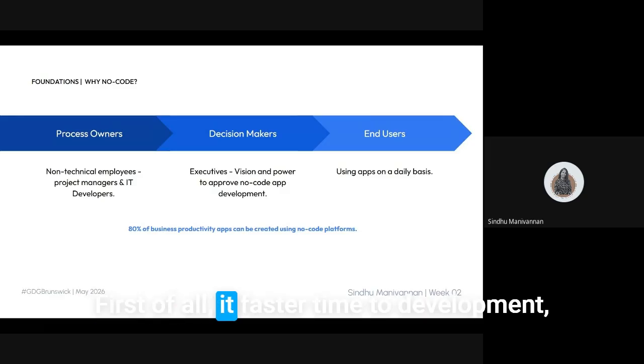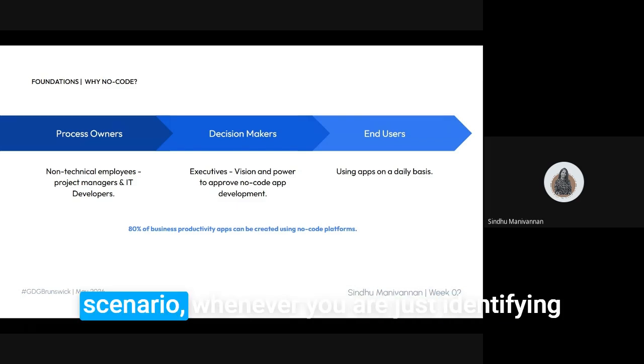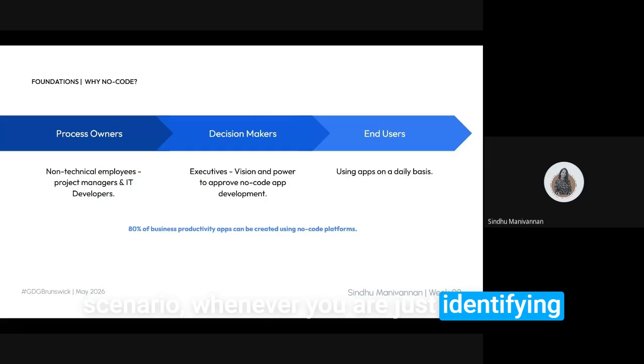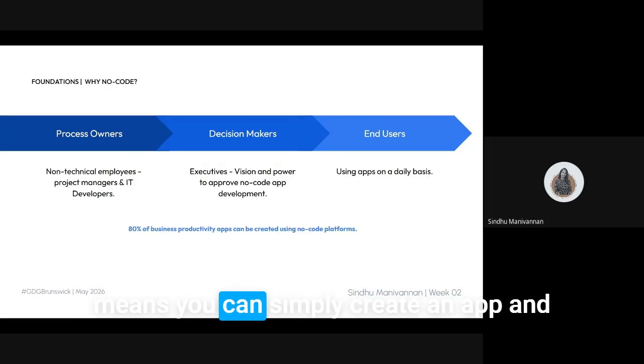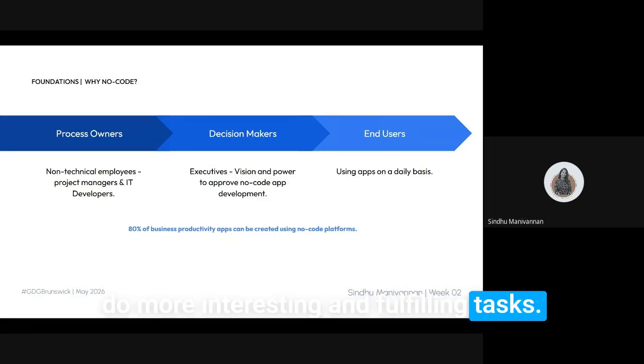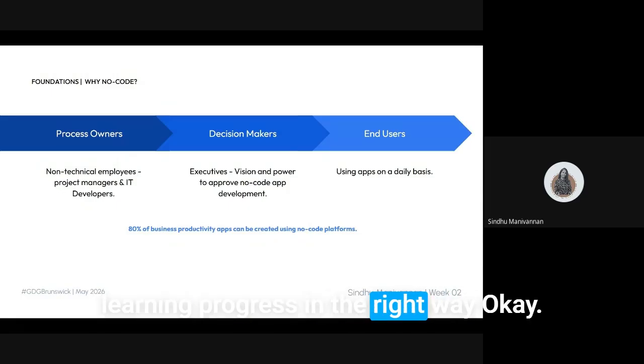First of all, it gives faster time to development, and it also boosts productivity. You can also think of your real-time scenario: whenever you identify some manual tasks that can be automated, you can simply create an app and do more interesting and fulfilling tasks, so that you are making learning progress in the right way.